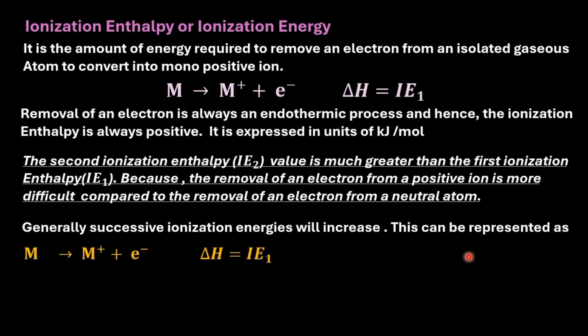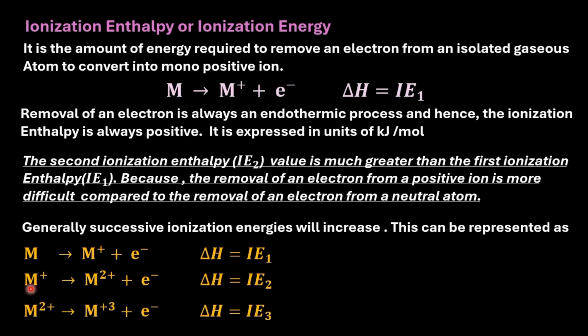IE2 is obtained when you remove an electron from the monopositive ion, whereas IE3 is calculated by considering the dipositive ion and removing an electron from the dipositive cation, to get M3 plus, tripositive.